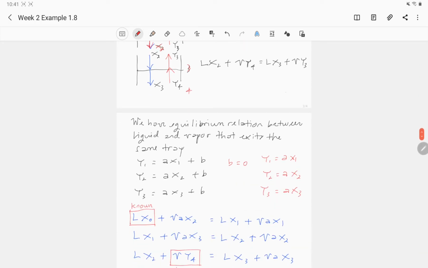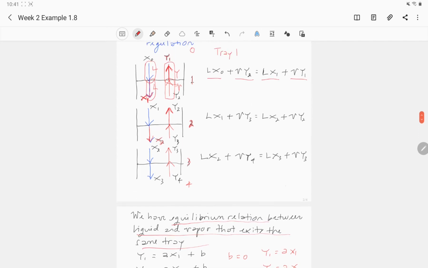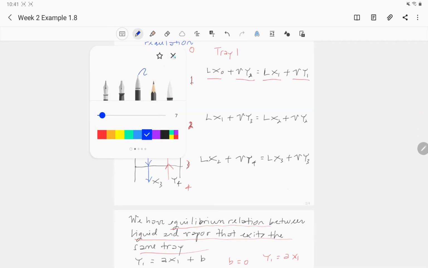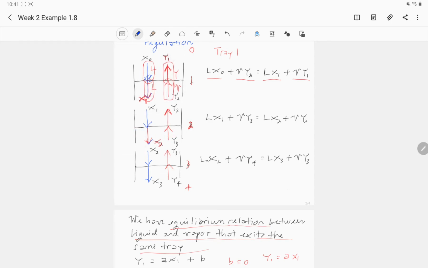So we are using an equilibrium relation between a liquid and vapor that exit the same tray. So for example, for the tray 1, we have an expression that basically relates X1 with Y1.